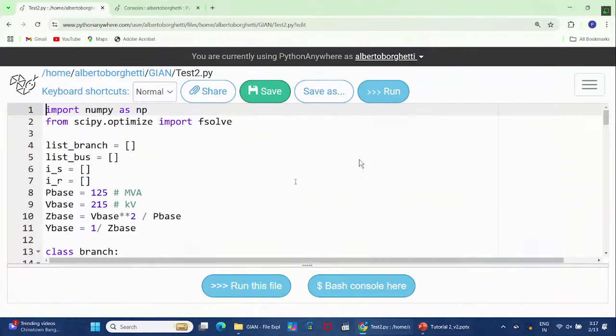Test2 is equal to test1, but now we can modify it a little because we want to solve 3 lines instead of 1 line. I will start. Okay, what do we need to modify here?